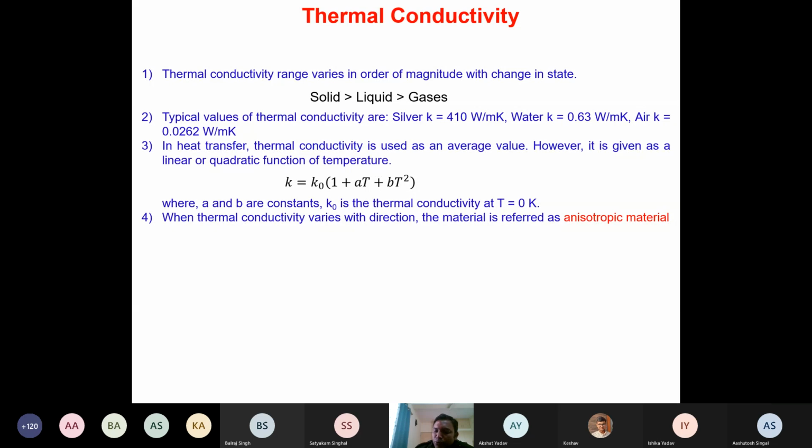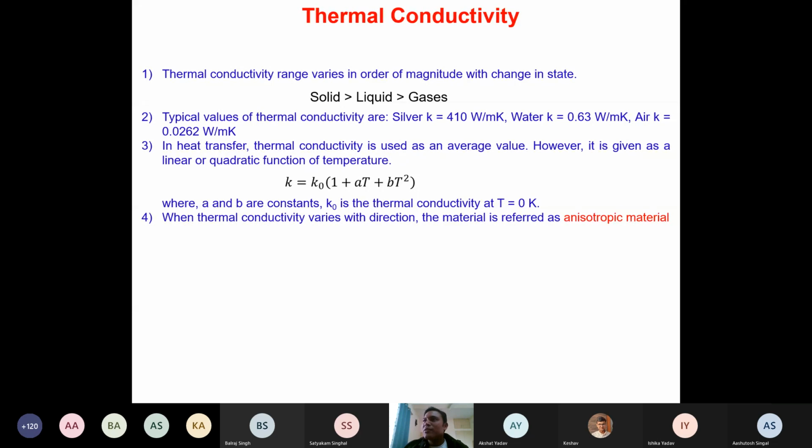These are very important questions. In fact, all these small questions are regularly asked in the GATE examination, isn't it? So what is the typical value of thermal conductivity of water? What is the typical value of the thermal conductivity of silver? Or what is the thermal conductivity of air? One should know the typical range of values for solids, liquids and gases.